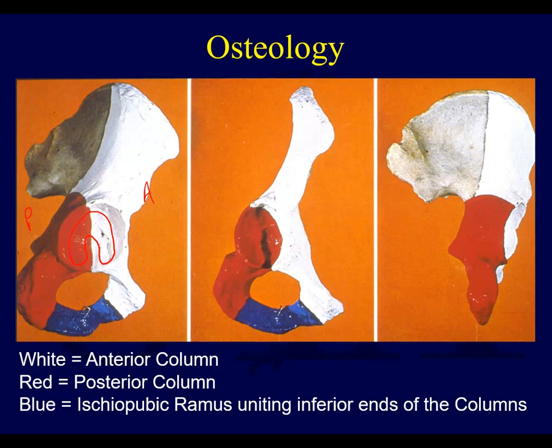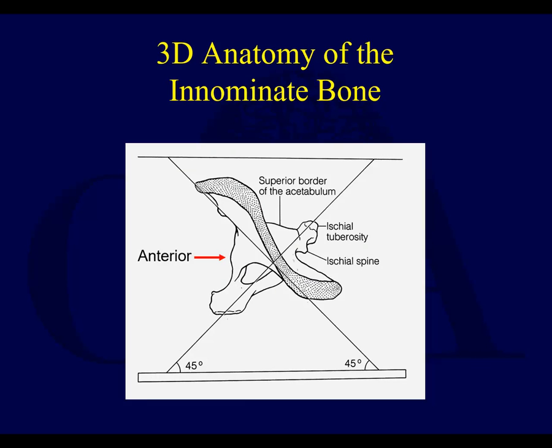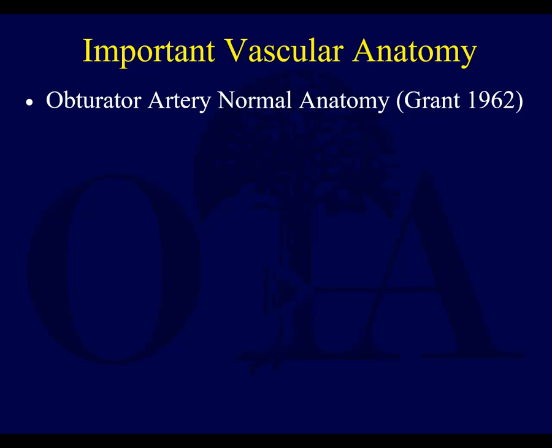Okay, posterior column, anterior column, and then in the back of the pelvis you have the posterior column here, greater sciatic notch up here. Okay, and then the blue part is the ischiopubic ramus, kind of uniting the inferior ends of the columns. All right, this is a 3D anatomy viewed from above that we'll come back to a few times also.